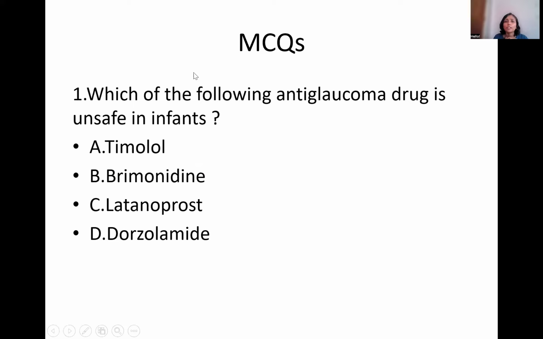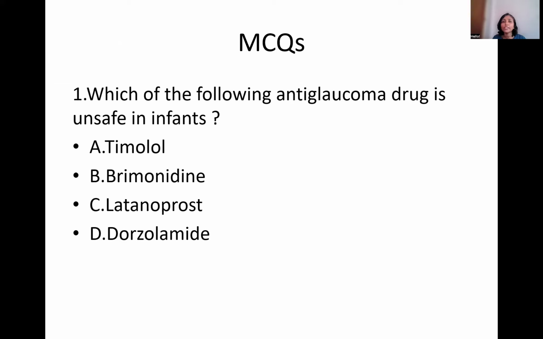Now, the first question: which of the following anti-glaucoma drugs we discussed till now is unsafe in infants? You have four options: timolol, brimonidine, latanoprost and dorzolamide. Timolol is a beta blocker, brimonidine is an alpha adrenergic agonist, latanoprost is a prostaglandin analog, and dorzolamide is a carbonic anhydrase inhibitor.